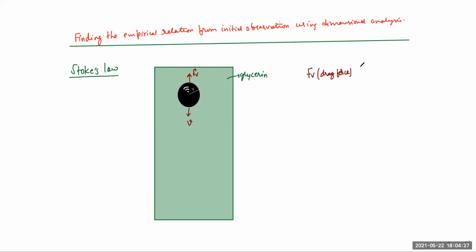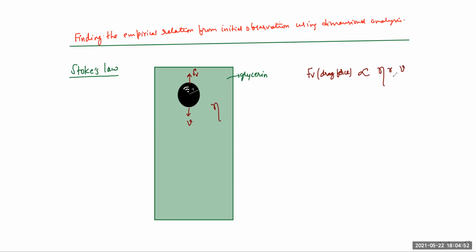And this force he believed is depending on certain quantities. The quantities which he investigated, he said that this drag force is depending on the coefficient of viscosity, the radius and speed, but he did not know the exact answer, like how it is depending.